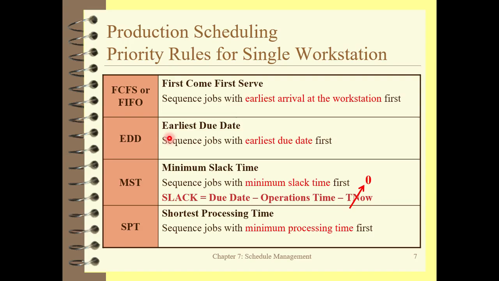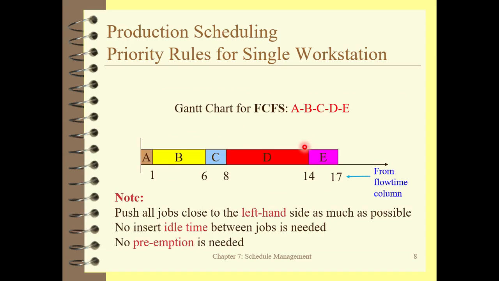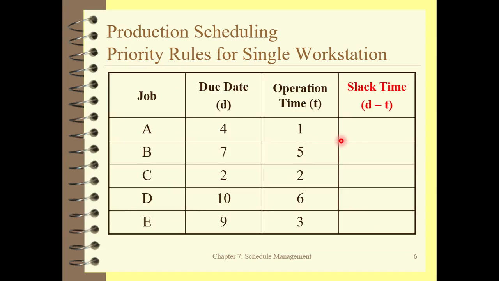And then the second priority rule that we are going to use is earliest due date. For earliest due date, we sequence the job with the earliest due date first. Which job has the earliest due date? We sequence it first. In this case, look at the due date to prioritize the job. You can see that job C has the earliest due date, right?